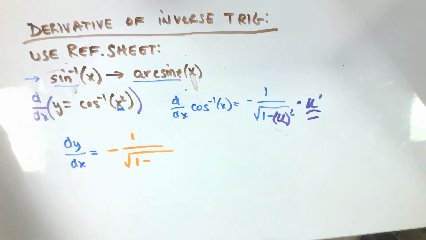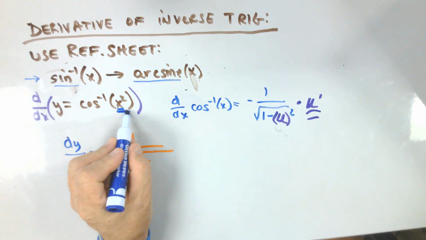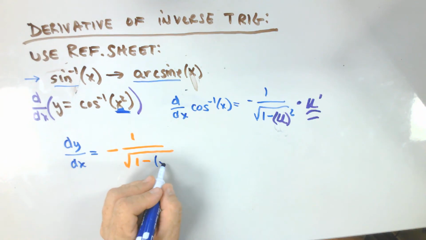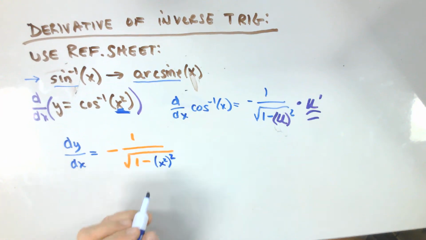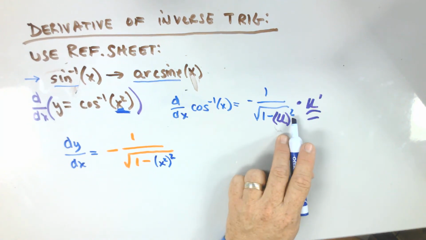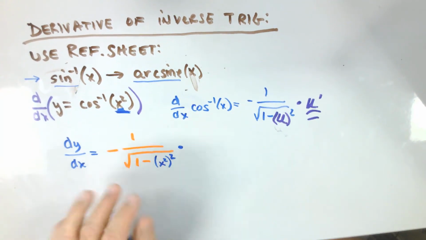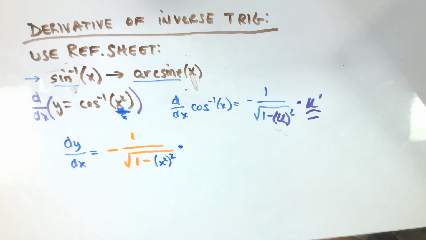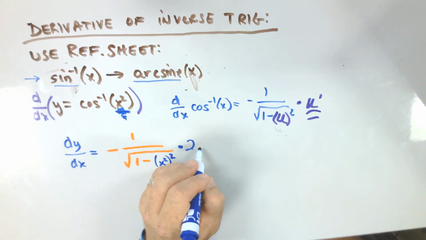Now, here's where you just got to pay attention to what's going on. This was my u, which is x squared because of my formula. Whatever u is, I have to square it, times the derivative of the inside. So don't forget that little idea of the chain rule piece, or it's always the derivative of the inside, times 2x.